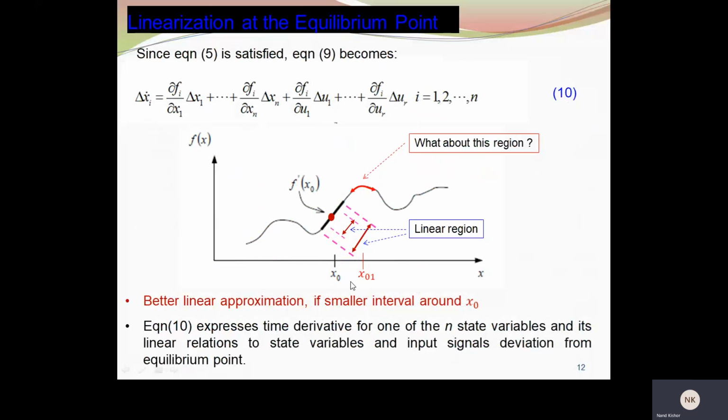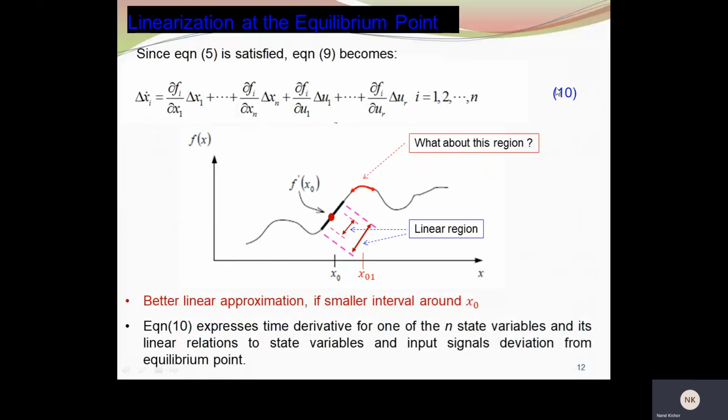Now, if I consider that this is the initial point of the state variable, x0, then the function will be a nonlinear function of state x0 here. And if there is some disturbance, how will the function move about?